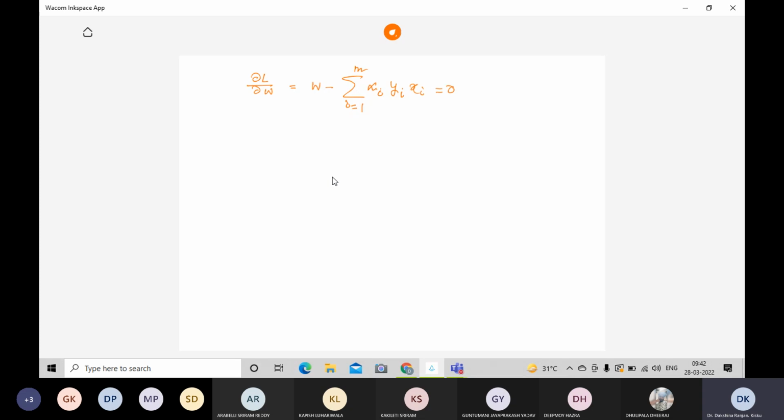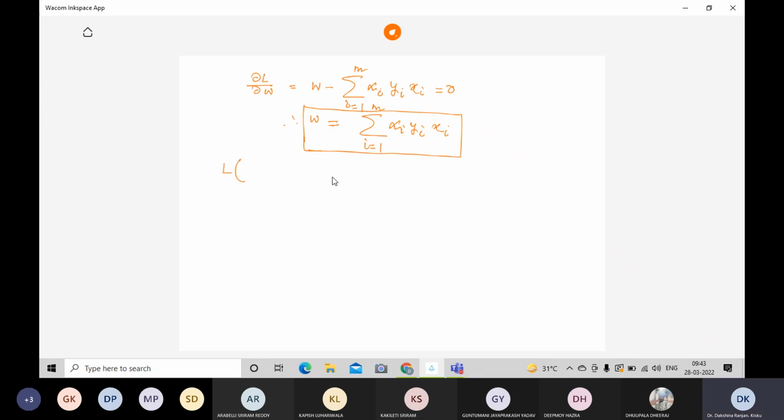Okay. And this will give us W equals to summation over i equals to 1 to m alpha i yi xi. So here we have determined the weight vector. Okay. Weight vector.